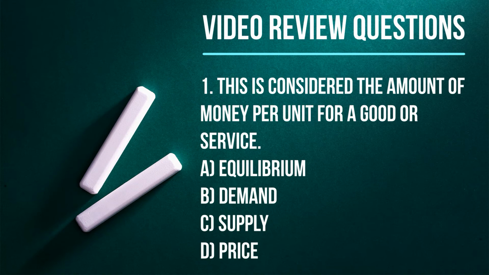Question 1. This is considered the amount of money per unit for a good or service. Is this A, equilibrium, B, demand, C, supply, or D, price? The answer is price. Question 2.